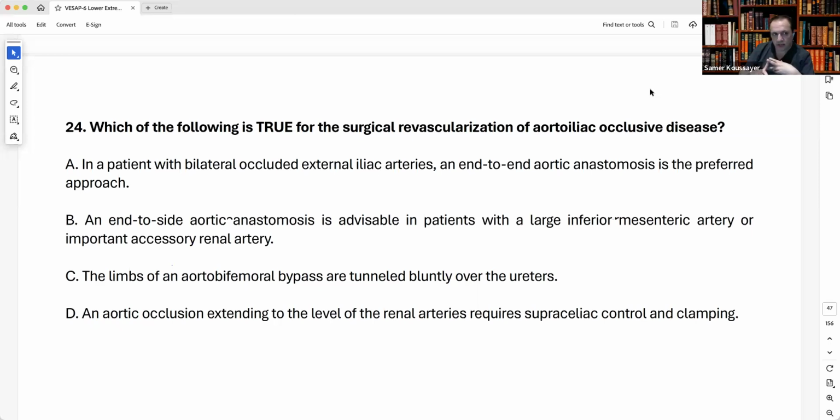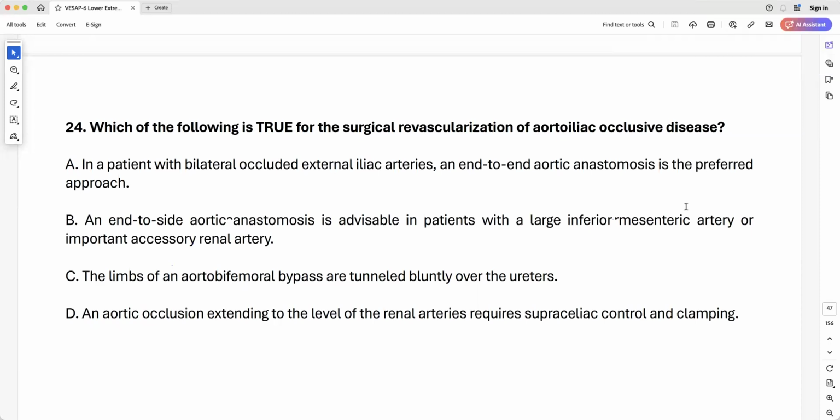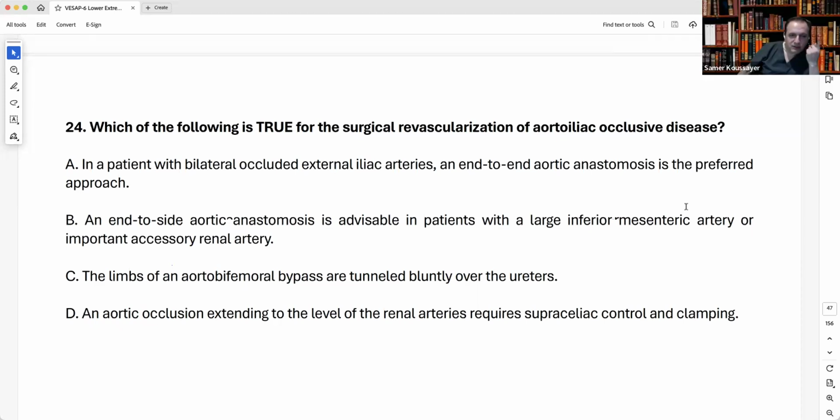But you don't do it when you have bilateral external iliac artery occlusion. You know why? You see, as I'm saying, it's a very old question. Back then we used to do aortobifem for external iliac occlusion only. There's no endovascular, right?